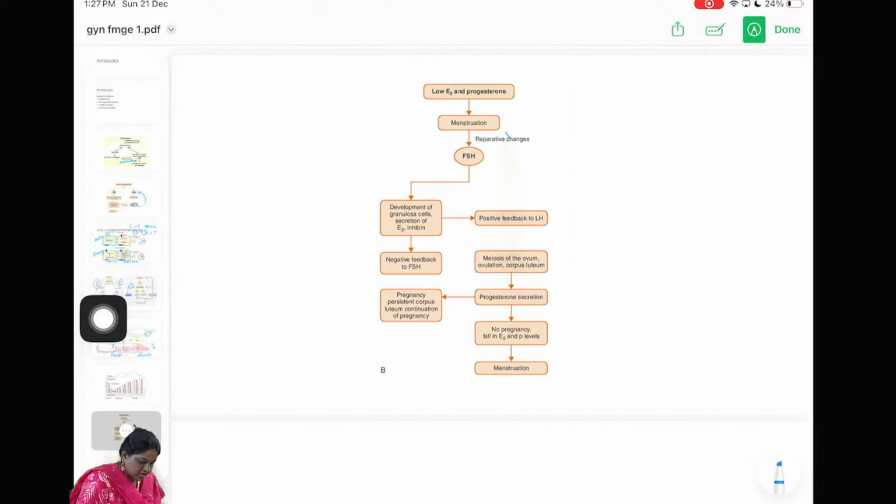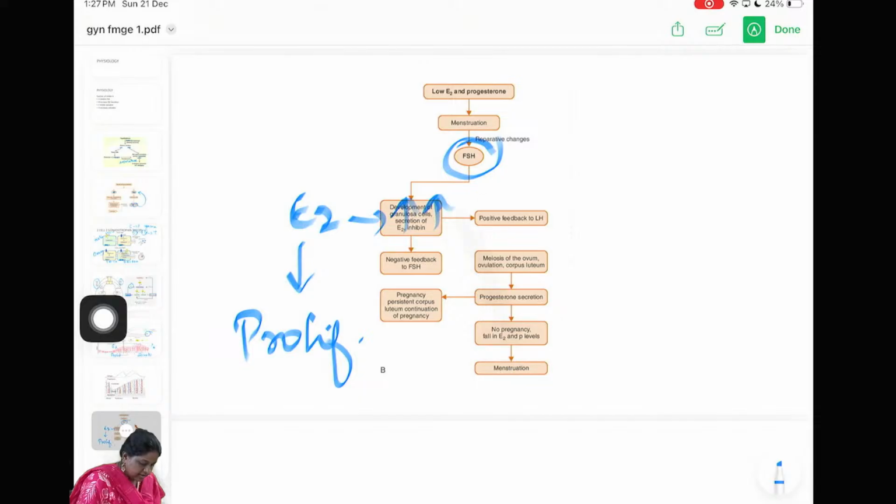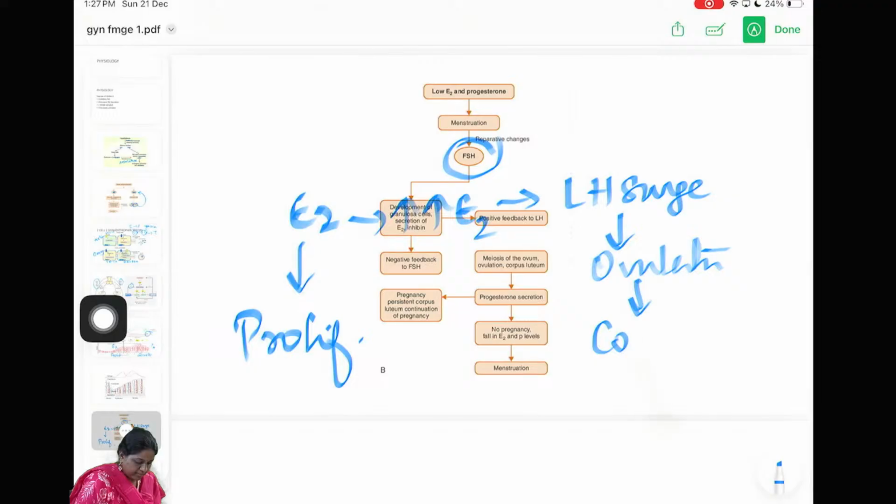This results in menstruation. Then FSH will once again start to rise and this will give rise to E2 production. This E2 will act on the endometrium to cause proliferation. As the E2 keeps increasing, increased E2 will result in an LH surge, correct? This LH surge will result in ovulation, which results in corpus luteum formation.